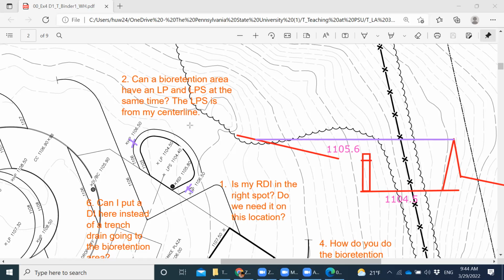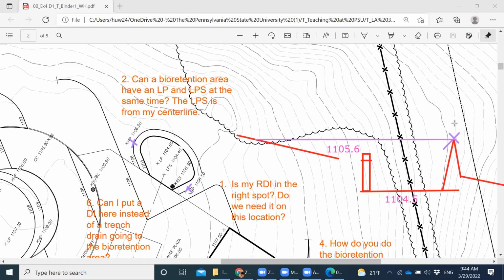So we'll need to find out where. What I'm thinking is that you actually don't need to specify the HP to be higher than 1106. I think that probably makes more sense. So how do I know if there's a berm right there?